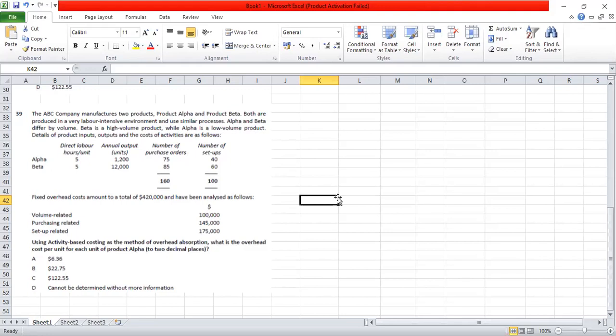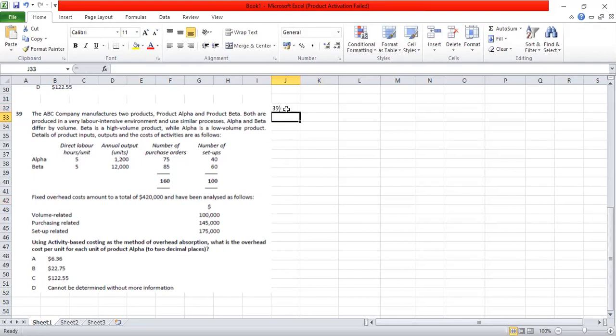So the total number of hours required can be taken up as a basis. Then we have purchasing related. So there are purchase orders here. Number of purchase orders are given for purchasing related, so that can be taken as the basis of apportionment. Finally, setup related. So number of setups can be taken as the basis of apportionment. So that part we have identified.